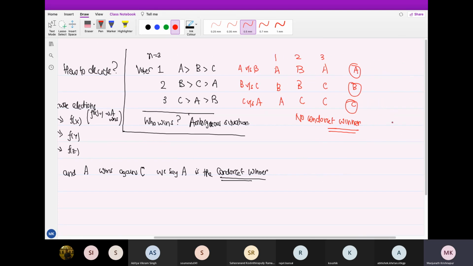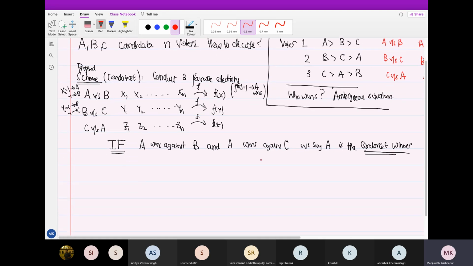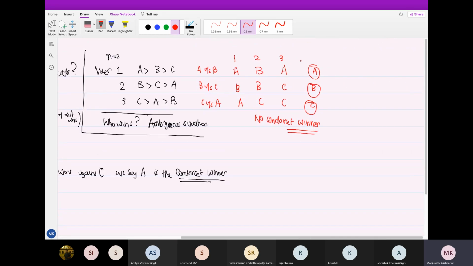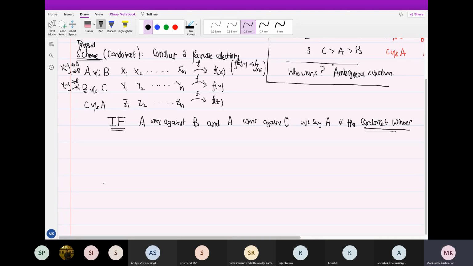There may be no such winner at all. If there is an unambiguous winner, we have no problem and we can declare that person the winner. But this is what happens with F as majority. So the question is, can we use some other Boolean function and always get a Condorcet winner?